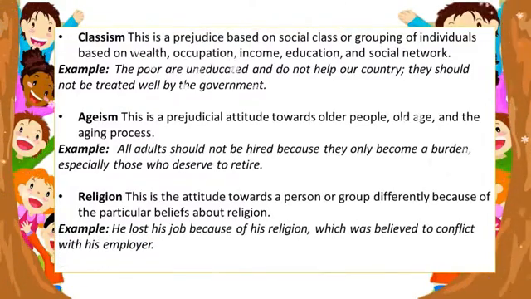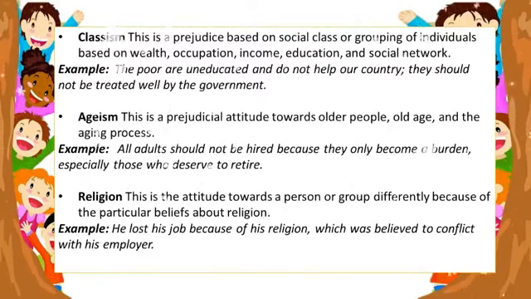Example: he lost his job because of his religion, which was believed to conflict with his employer. That is an example of religion. Those were the racism, the sexism, the classism, the ageism, and the religion. Those are the common types of prejudice.